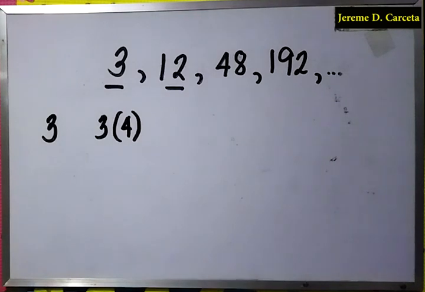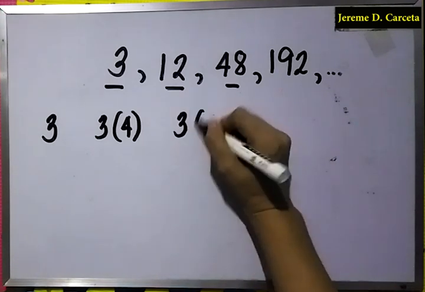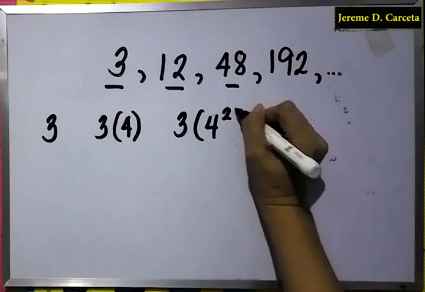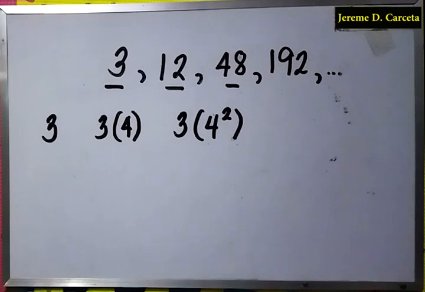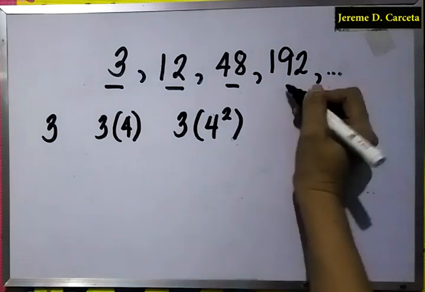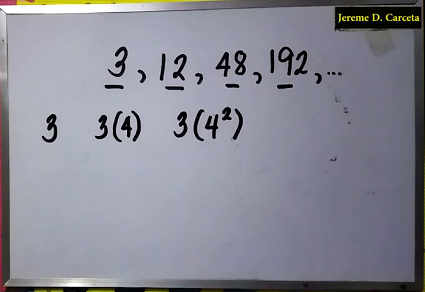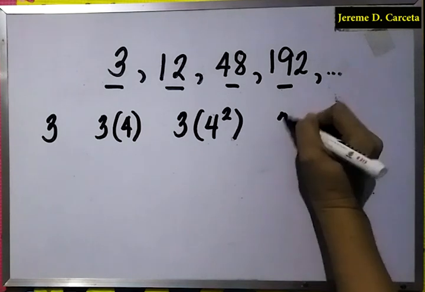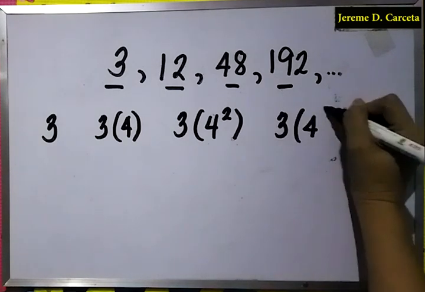Our third number is 48, which is also equal to 3 times 4 squared. And the fourth number, 192, is also equal to 3 times 4 cubed.